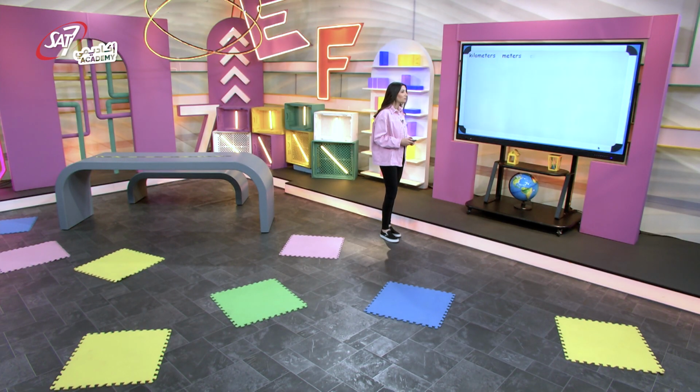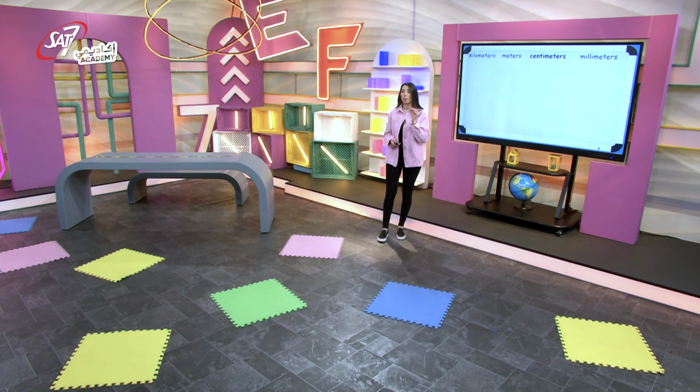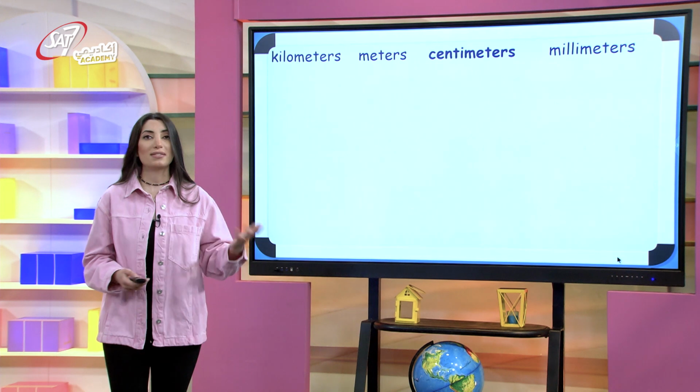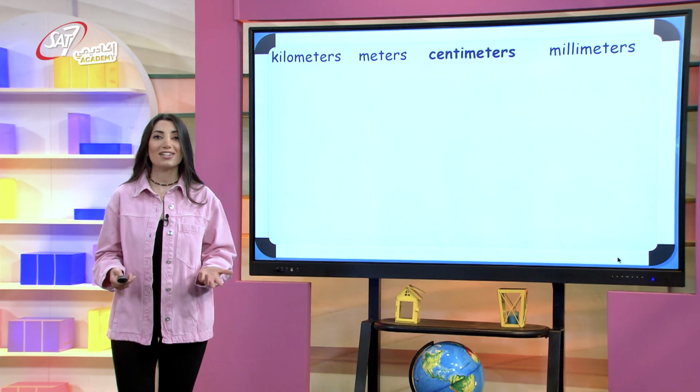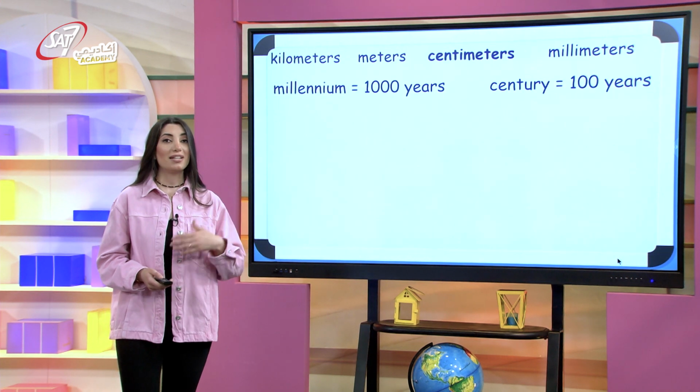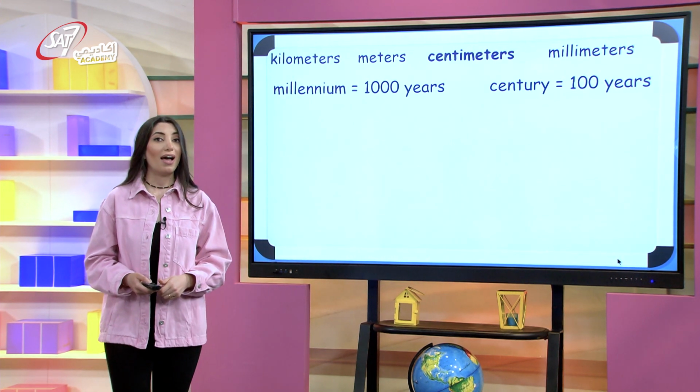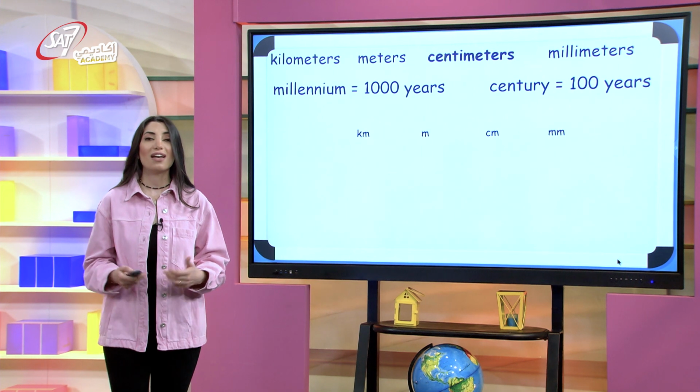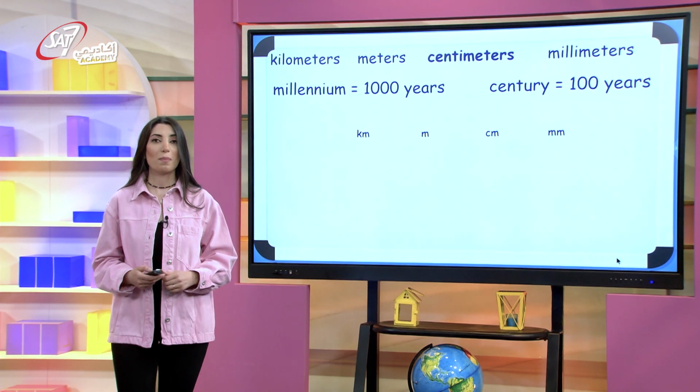So we've learned that a kilometer is equal to 1,000 meters and a meter is equal to 1,000 millimeters. What about centimeters? We see the prefix cent or centi in words like century. How many years does a century contain? A millennium contains 1,000 years, and a century contains 100 years.